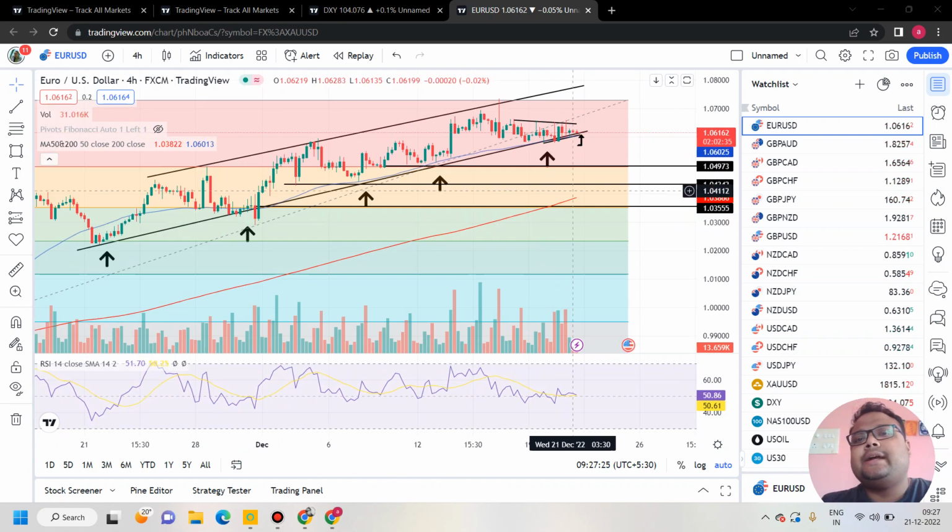So I think if market falls, if Euro USD shows correction, then these two support levels will come to the rescue. If market takes support, observe the market. If you see market forming a hammer taking support, market showing good price rejection from below, you will get a confirmation that yes, market is taking support, and you can consider taking a buy position.